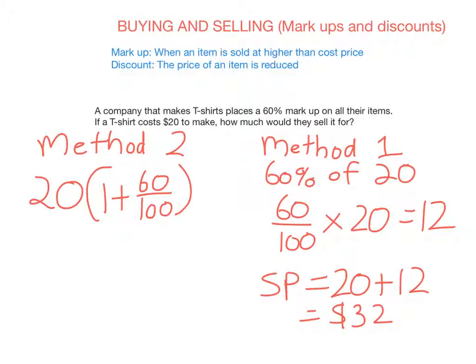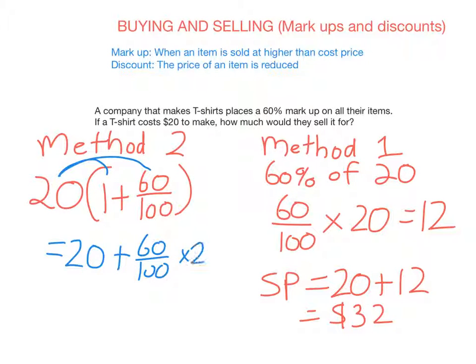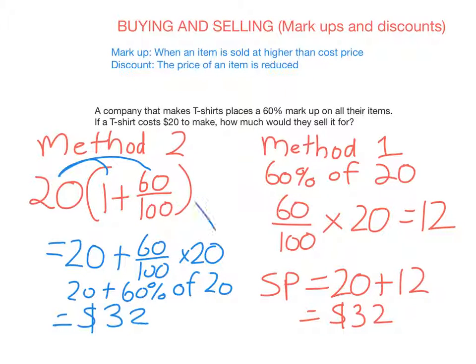Remember, we do this because if I expand these brackets, I get 20 plus 20 times 60 over 100, or 60 over 100 times 20, which is exactly the same as 20 plus 60% of 20. Put this in your calculator, you get $32, okay? This one here is probably a quicker method, but it takes more to understand it. You use whichever one that you would like.